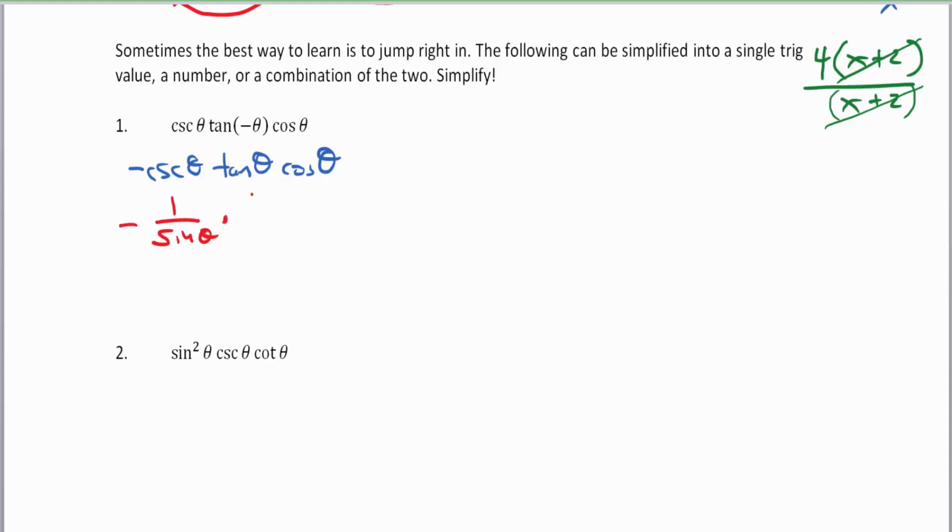Then I'm going to multiply that by tangent. According to that quotient identity, we have sine theta divided by cosine theta. And then we're going to multiply by what we have left here, which is our cosine theta. It's in the numerator, so we can put that over 1 to help you a little bit. And now what we get to do is something you've been told to do.